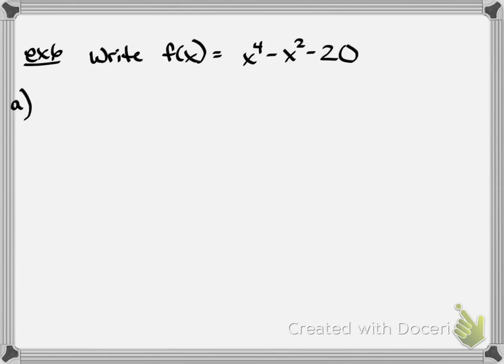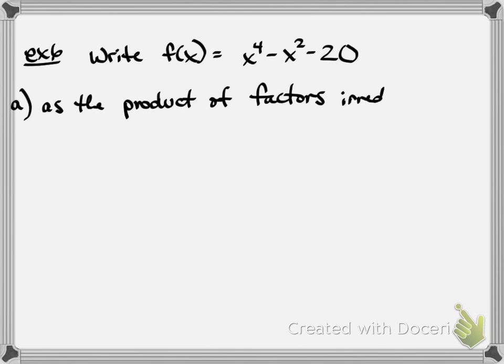Example 6. Write f of x equals x to the 4th minus x squared minus 20 as the product of factors irreducible over the rationals.